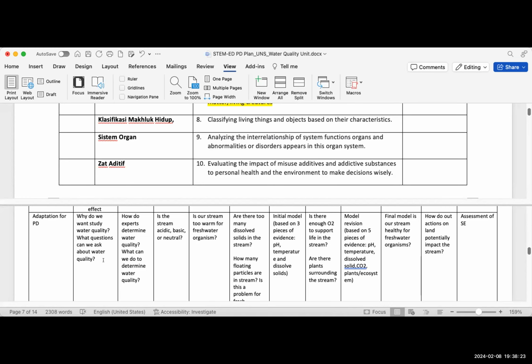We will use the Indonesian video we already found about the water quality standard and how to measure some of the elements or measurements. So I think we will show the students that video to learn about how experts determine water quality.